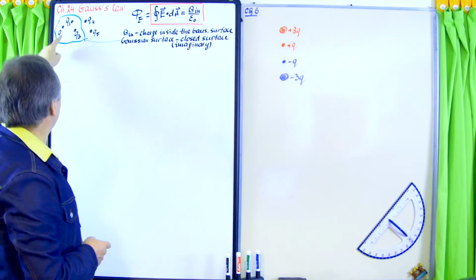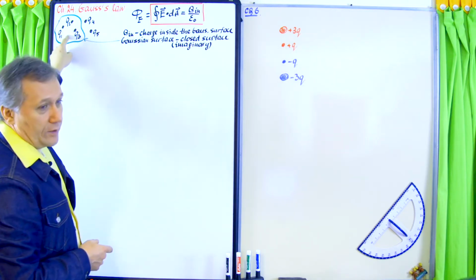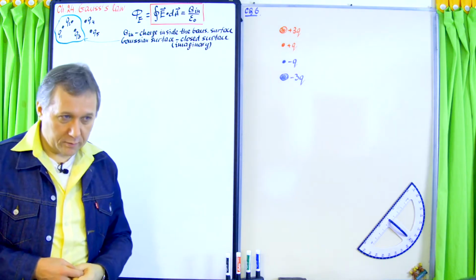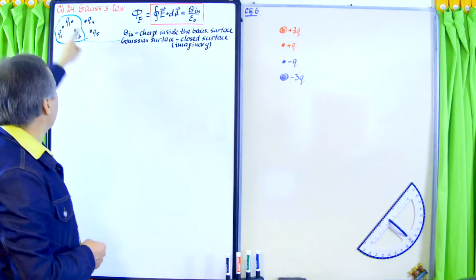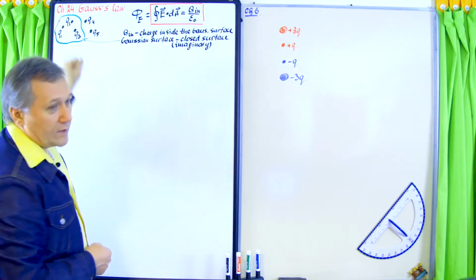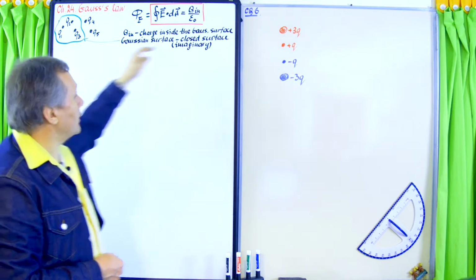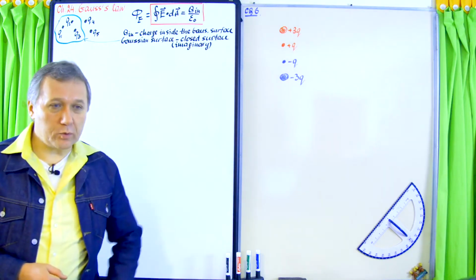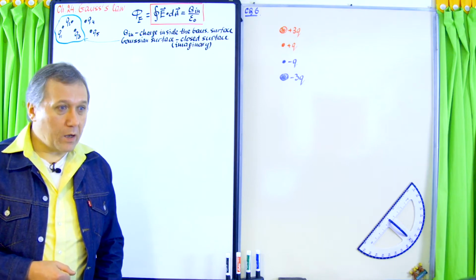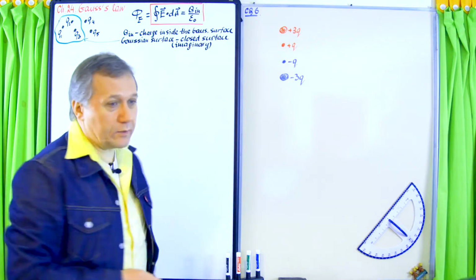For example, this charge Q1, you can move it over here, and the law will still look the same, as long as a charge within the Gaussian surface is counted towards the total Q enclosed.